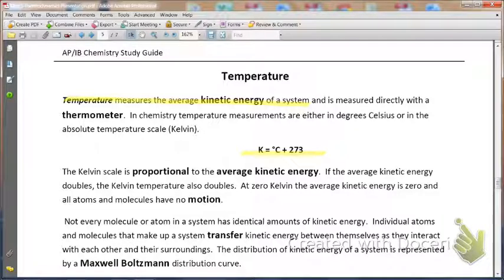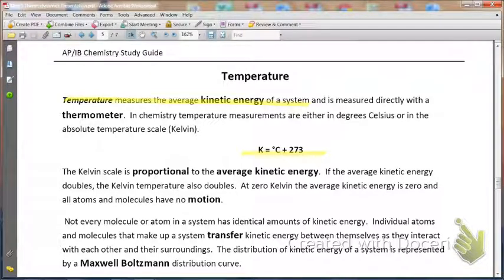Why is the Kelvin scale so important? Well, Kelvin is directly proportional to the average kinetic energy. If the average kinetic energy doubles, then the Kelvin temperature also doubles. For instance, let's look at 0 Kelvin.